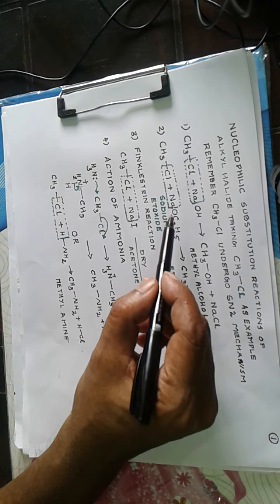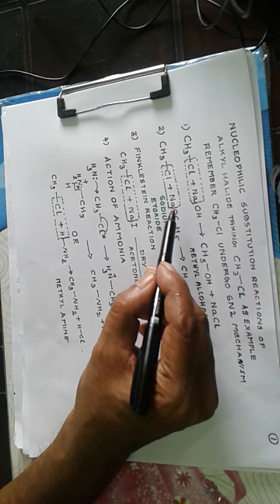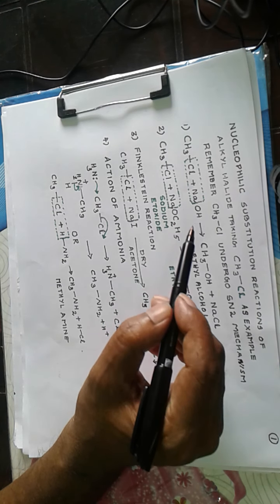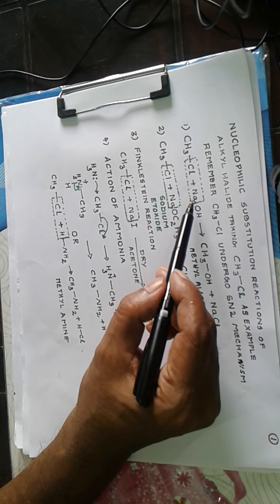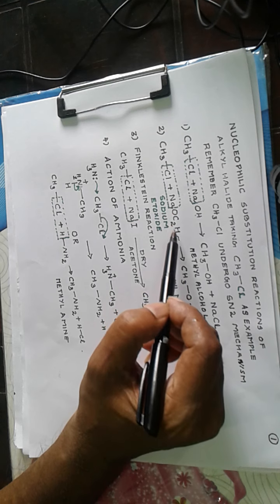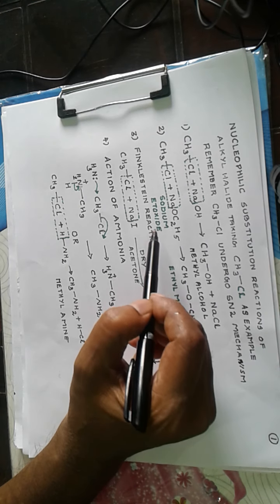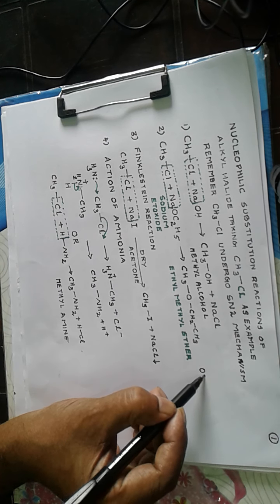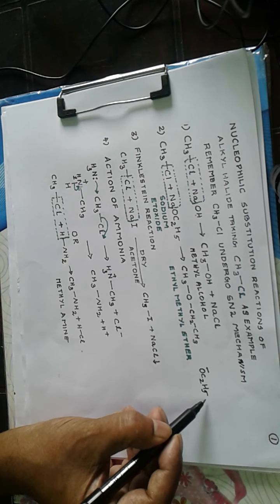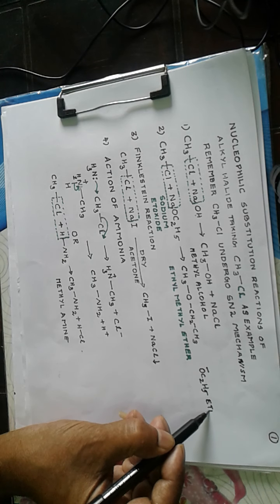Now the sodium alkoxide, this is sodium ethoxide because this is the C2H5 ethyl group. Just like we say sodium hydroxide, we say sodium ethoxide, and sodium ethoxide can provide a nucleophile, that is the ethoxide ion, or C2H5 negative ion.